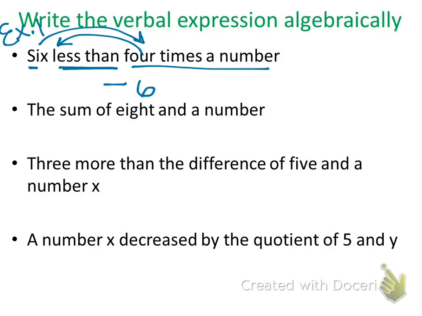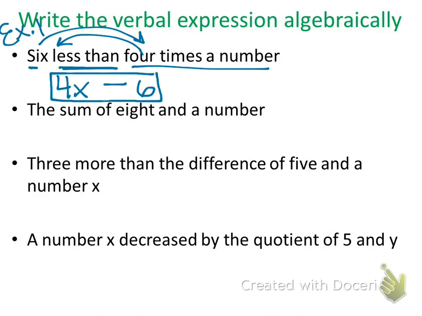How would I write 4 times a number? 4x, exactly, because I don't know what that number is that's being multiplied by 4, so I just write it as a variable. You could write 4y, 4a, b, whatever. It doesn't matter as long as it's a variable. And this is your answer. You're not trying to solve anything. You're not trying to find out what you could plug in for x. I just want you to write the actual problem.